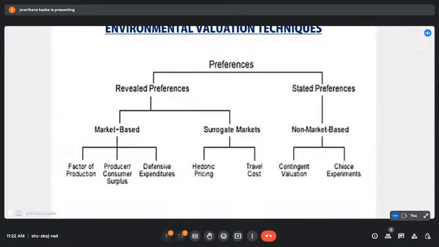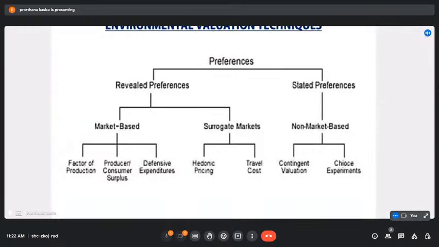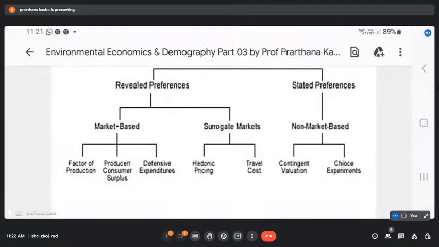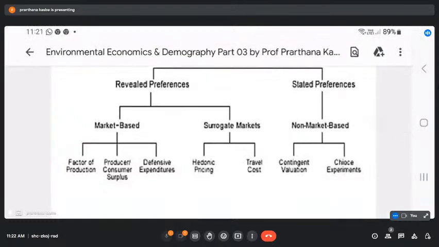Revealed preference is divided into two categories: market-based revealed preference and surrogate revealed preference. In market-based revealed preference, there are the factor of production, producer or consumer surplus, and defensive expenditures.